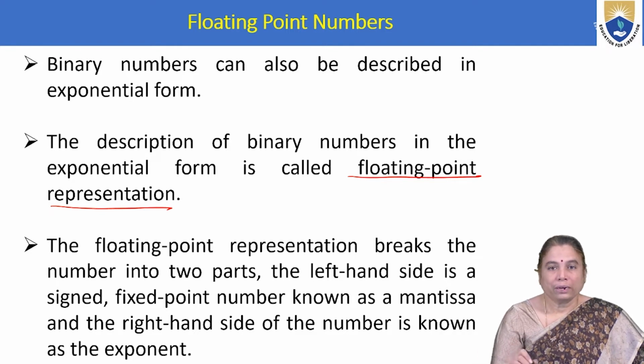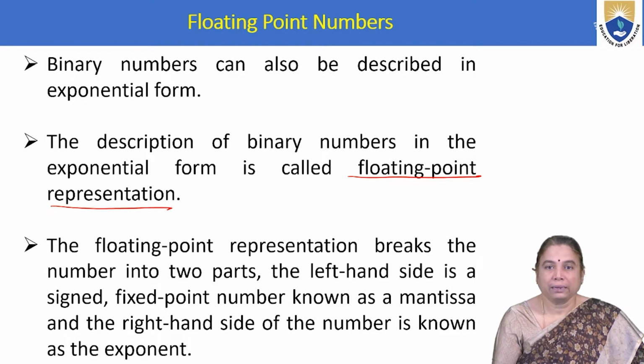The mantissa is represented with the letter m and the exponent with a small letter e. The floating point representation breaks the number into two parts.